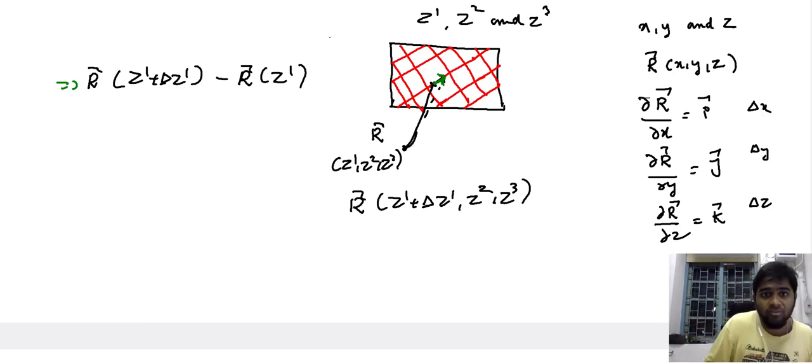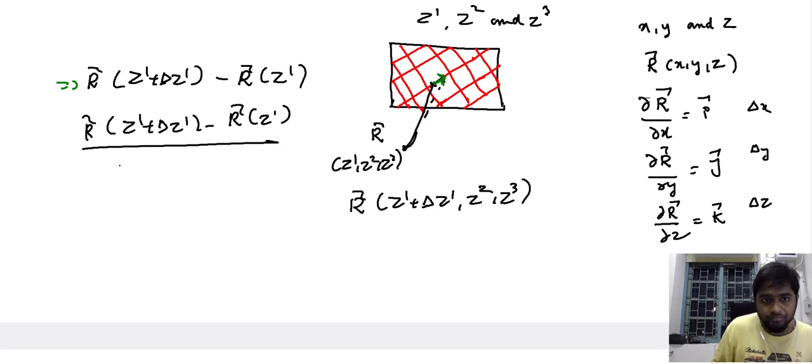Then we consider the ratio of this difference vector and its magnitude. So we are taking the norm of the difference vector.